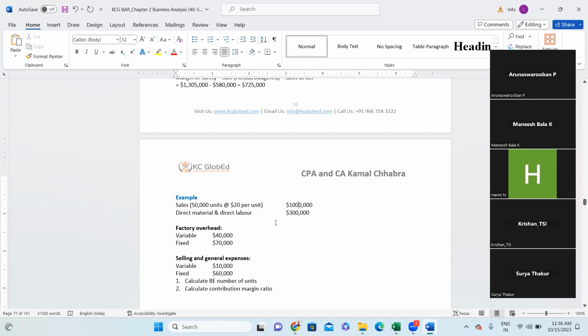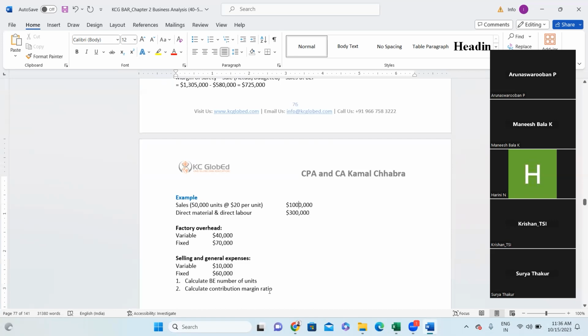Direct material and direct labor is $300,000. Factory overhead is 40,000 variable, 70,000 fixed. Selling and general expenses, 10,000 variable and 60,000 fixed. Calculate the break even number of units and the contribution margin ratio.